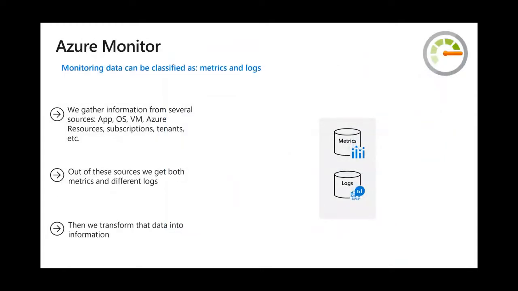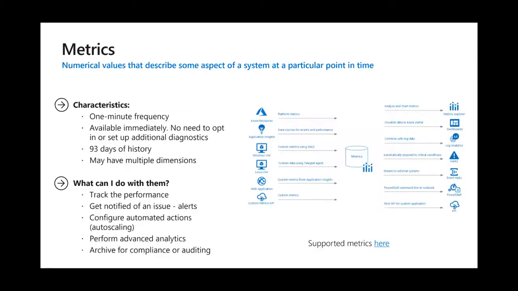So I mentioned all this data, and let me cover a little bit more in depth the differences between metrics and logs and what you can do with each one of those. First of all, keep in mind you can collect data from applications, from the OS, VMs, a bunch of resources. So it's up to you to define what data you want to gather. And based on that, you have metrics.